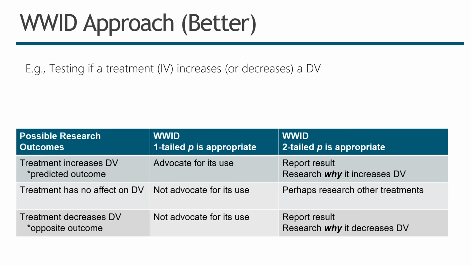Instead, a two-tailed p-value is going to be more appropriate in most research situations. If a result came out the opposite of a prediction, for example, if a treatment decreased the dependent variable when it was expected to increase it, most researchers are going to want to understand why. They're going to want to research the mechanisms that cause that change. They're going to want to report that result.